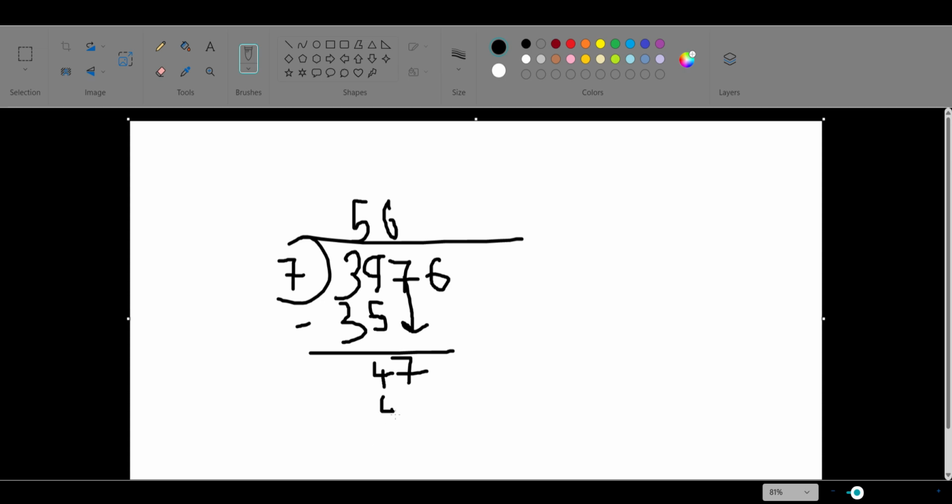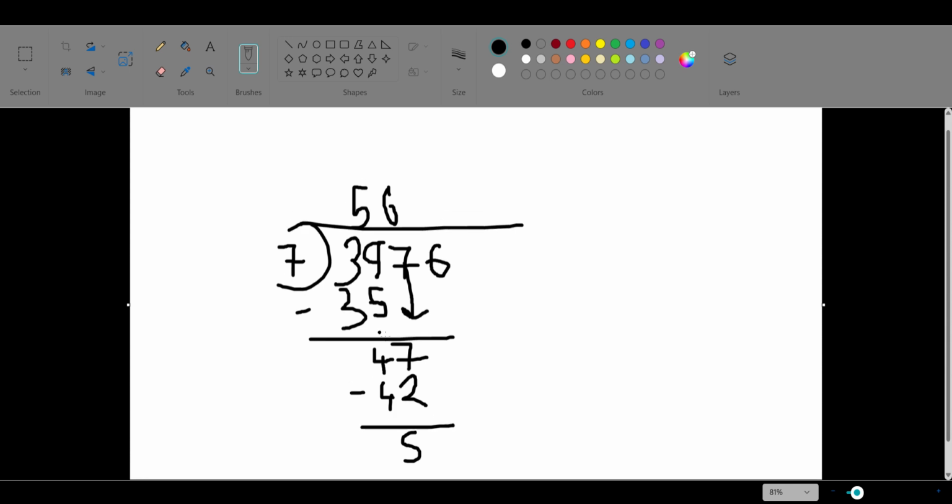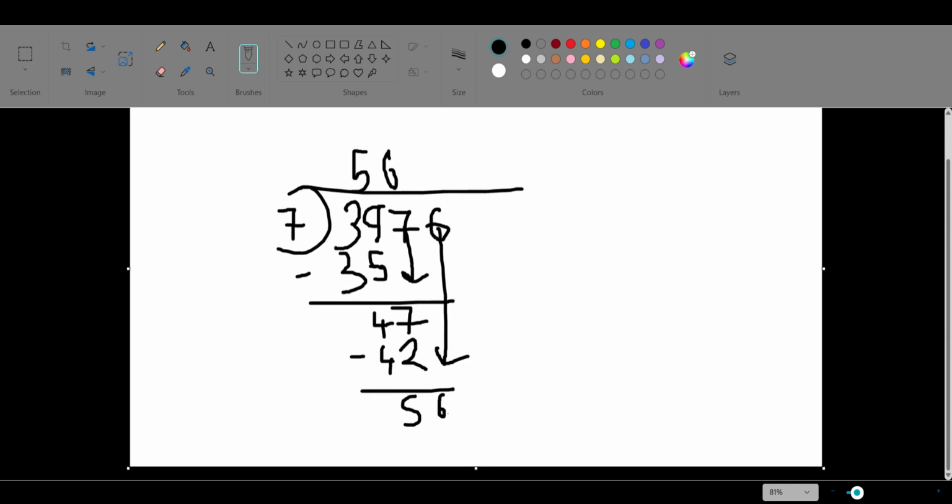And now 4, you bring this number down. And then 47, 7 times 6 is 42, 5, and you just don't stop there. Like, this is the answer? No. Gotta bring another number down. However many numbers are here, you keep going.